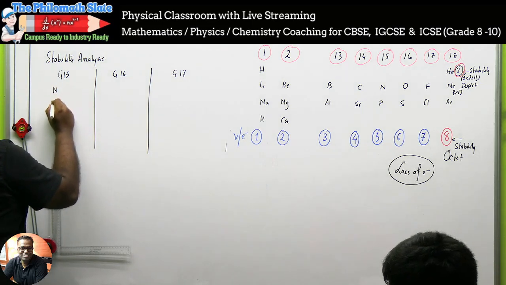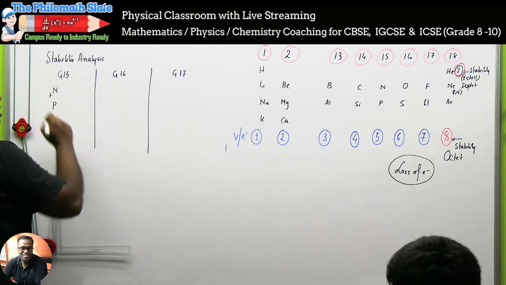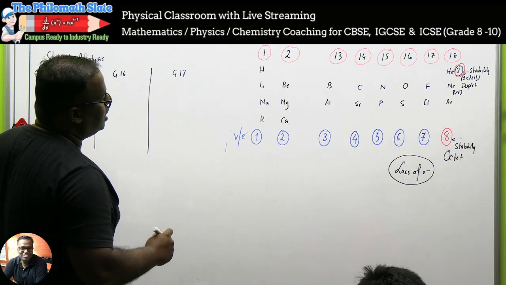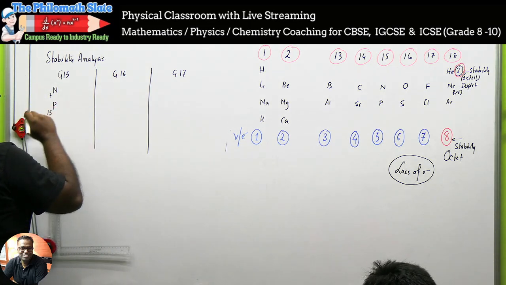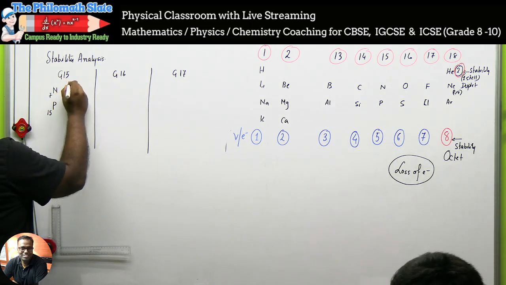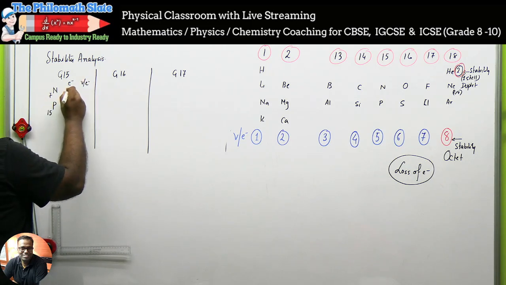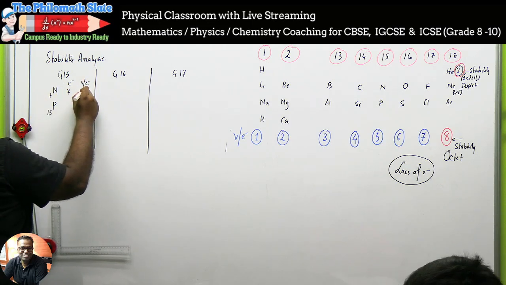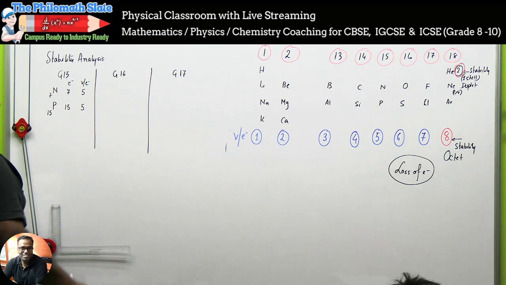So Group 15, we are left with whom? Nitrogen and phosphorus. Nitrogen's atomic number is how much? 7. और phosphorus का atomic number यहाँ तक aluminium हो गया 13, 14, 15. Phosphorus is 15. So we count what are the electrons and how many valence electrons. Nitrogen has got 7 electrons and valence electrons are 5. And this is 2, 8. So this has got 15 electrons and the valence electrons are 5.